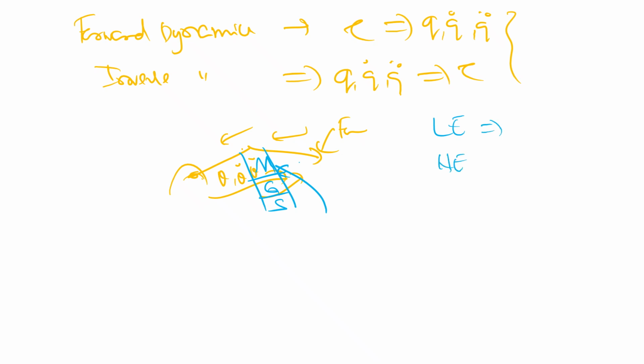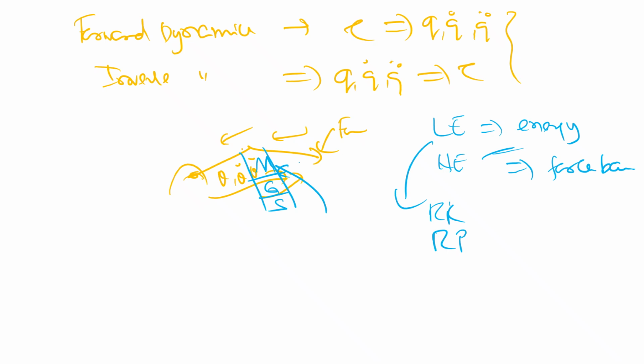In this course, we have seen only the Lagrangian Euler model, which is energy based. The Newton Euler model is force based. Using the Lagrangian Euler model, we have derived the equations of motion for the RR manipulator, the RP manipulator, the single R manipulator, and one simple mass spring damper system.